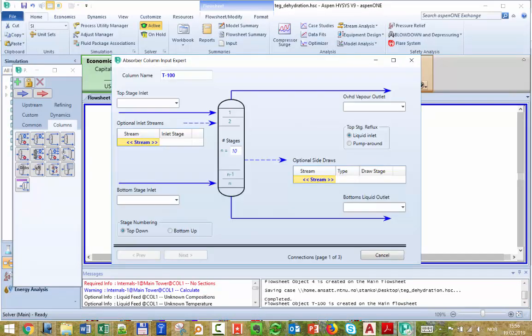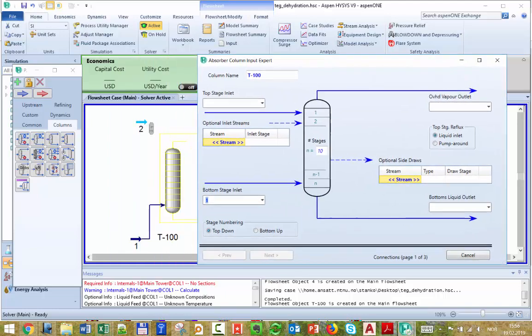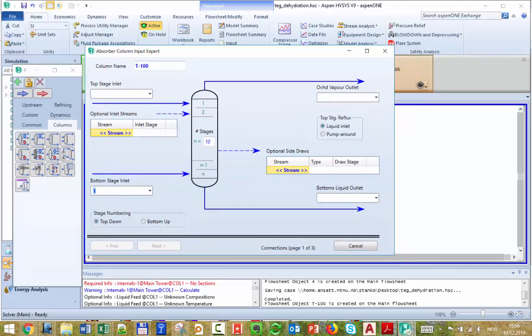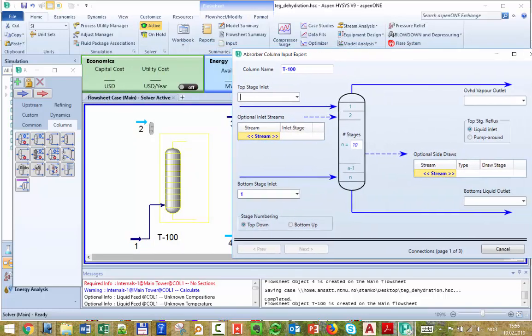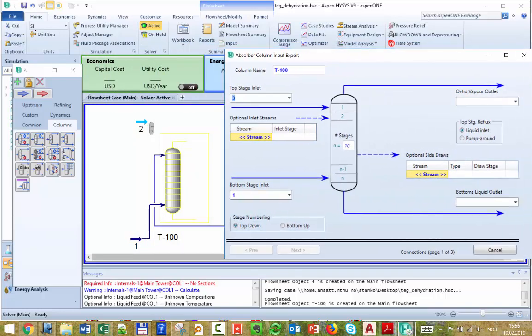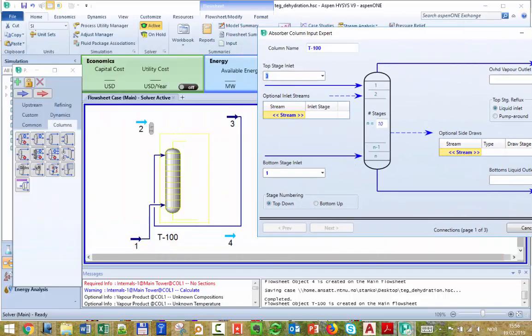What is the inlet? Bottom stage inlet. That's the wet gas. The glycol coming in, where is it? Top stage inlet, that's number 3. We should move it to the right.